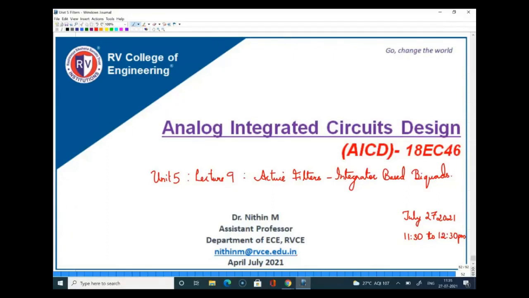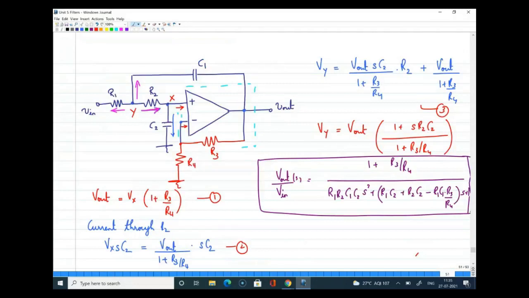Before that, I remember one of you asked yesterday, how will you identify the type of filters from the transfer function or from the expressions? One easy way is, whatever transfer function you have, you can substitute s equal to 0 or s equal to infinity, and look at the value of the transfer function.